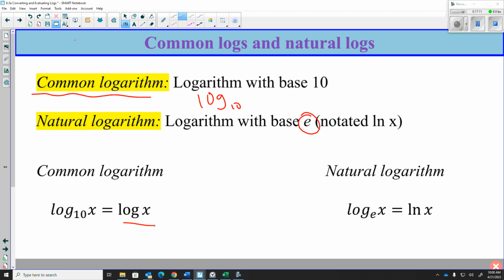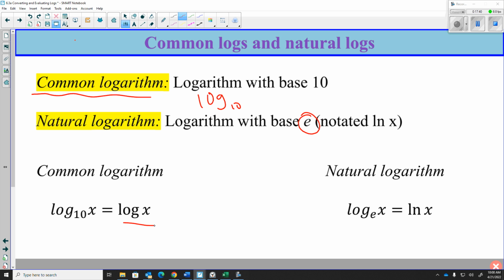Same thing with the natural log. Log base e comes up a fair amount. So instead of writing log with a base of e, someone way back in the day decided, let's call that the natural logarithm. And then they got even more freaky and said, let's write it ln, not nl.